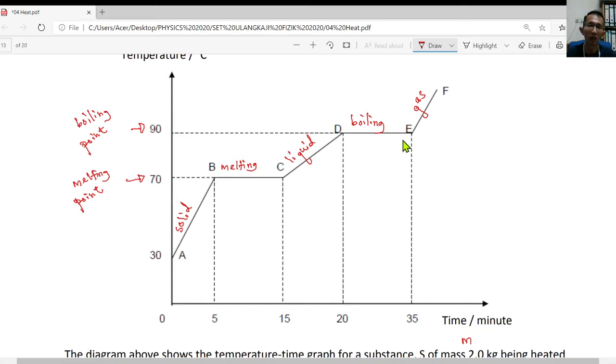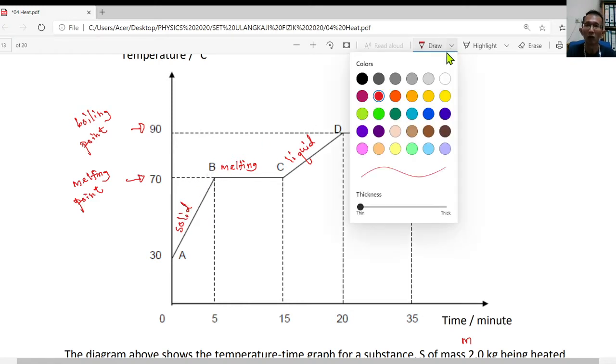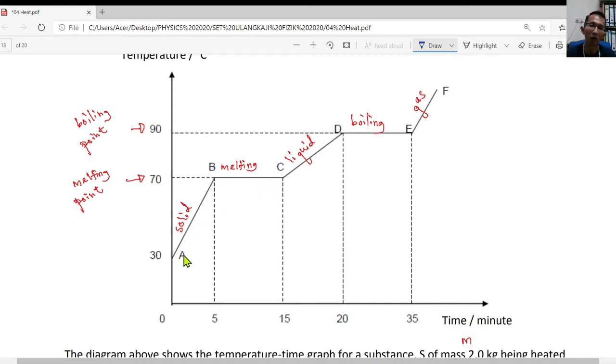If I am to calculate my heat, from A to B, I will use a different color of ink for that. From A to B, I'm going to use Q equals mc theta. And at this point here, we are going to use m L of fusion.